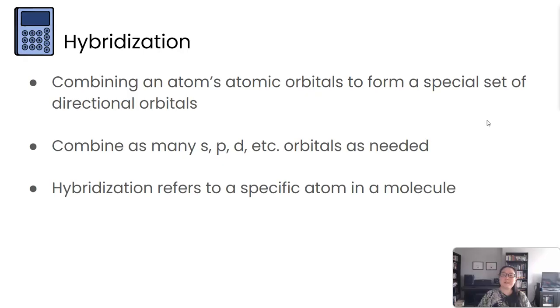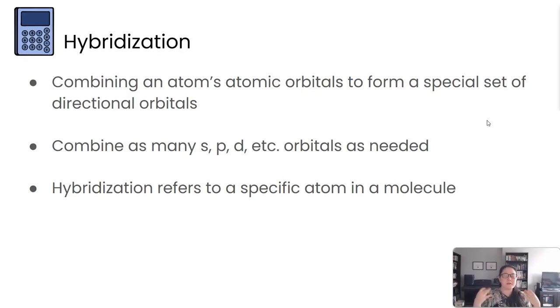Now, when a question is asking you about the hybridization of a certain thing, it's always referring to a specific atom in a molecule. It's not talking about the hybridization of the whole molecule. It'll be specifically an atom in that molecule.